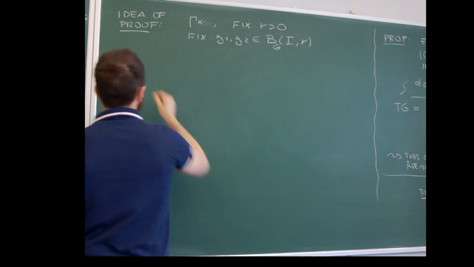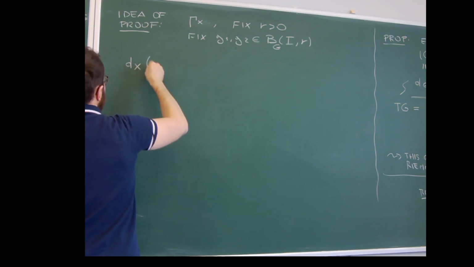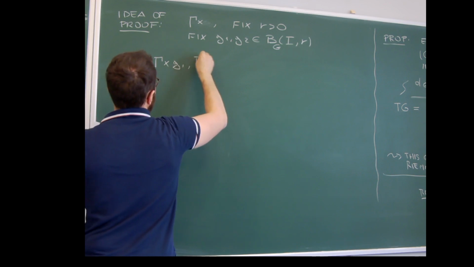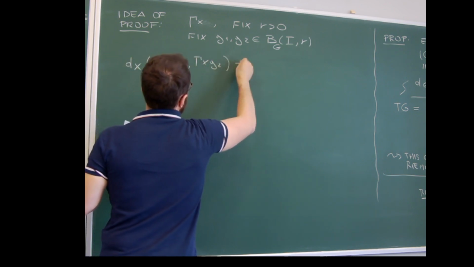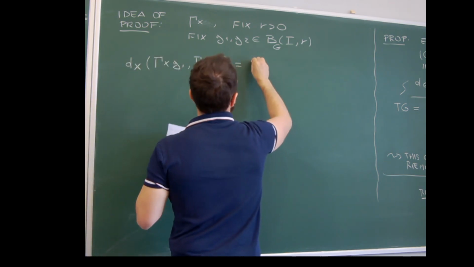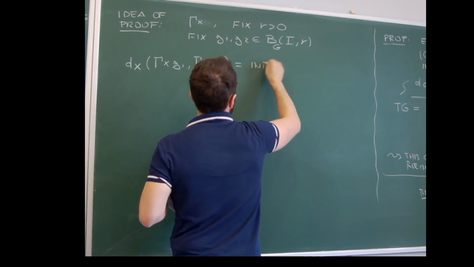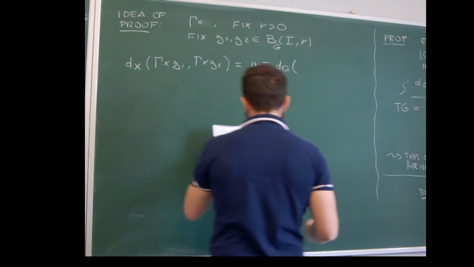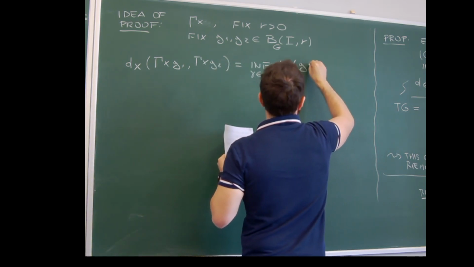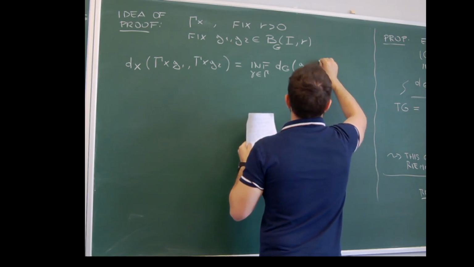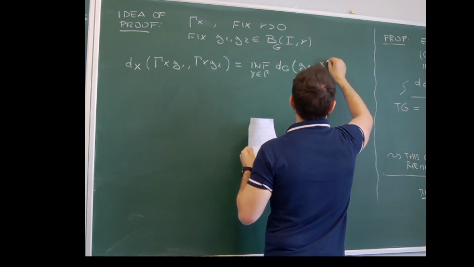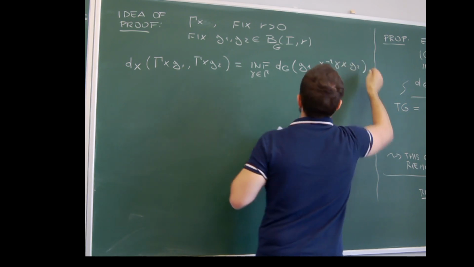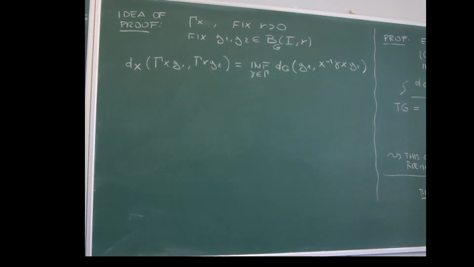Then you have the following. The distance dx of gamma x g1, gamma x g2 is by definition, by what I wrote there, the inf for gamma in gamma of the distance dg of g1 x to the minus 1 gamma x g2.